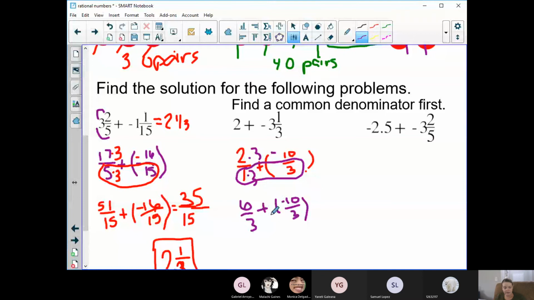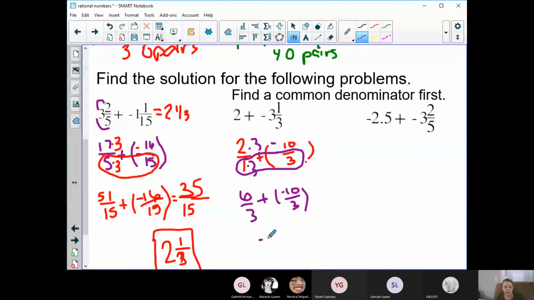And now we can add. So our denominator stays the same. 6 plus negative 10 equals what? Six plus negative 10 gives me what answer?